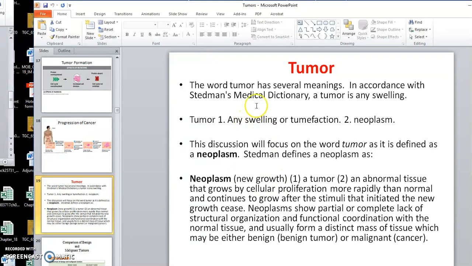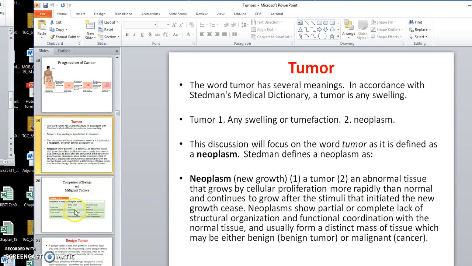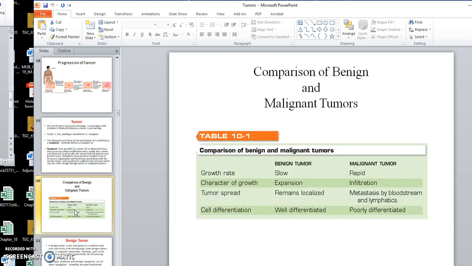But it could be a swelling according to Stedman. A neoplasm is a tumor, an abnormal tissue that grows by cellular proliferation, that means multiplication, more rapidly than normal and continues to grow after the stimuli that initiated the new cell growth cease. It goes autonomous.